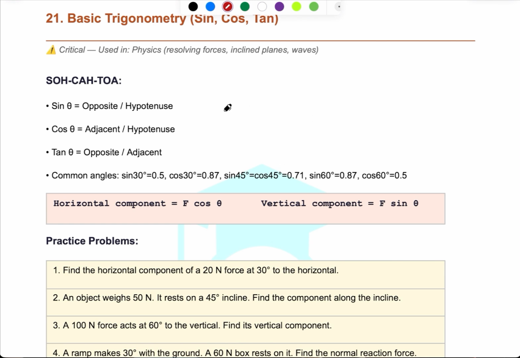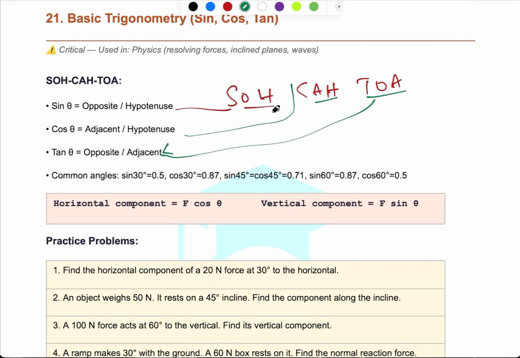So that is where you have your SOHCAHTOA. As you can see, sine is opposite over hypotenuse. Cos is adjacent over hypotenuse, and tan is opposite over adjacent. But one thing you should also take note of is that tan is also sine over cos.